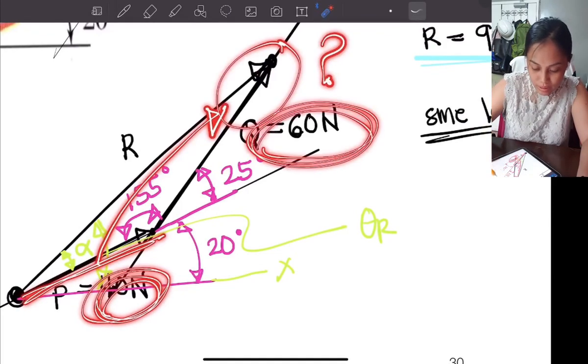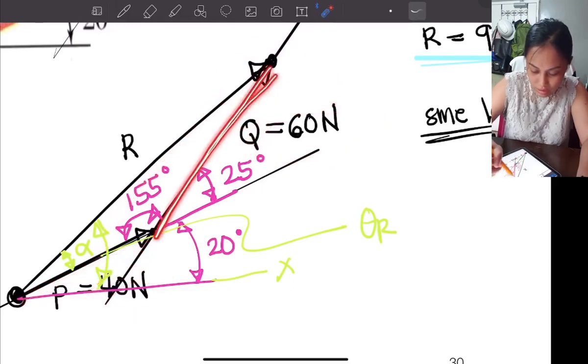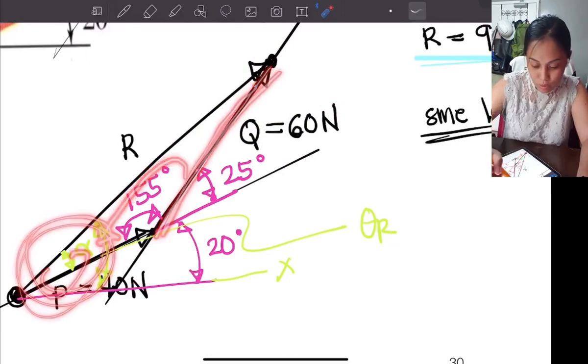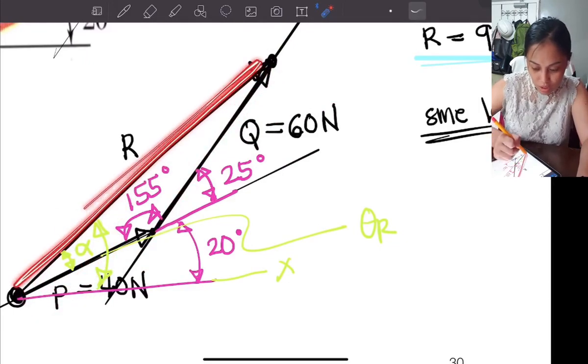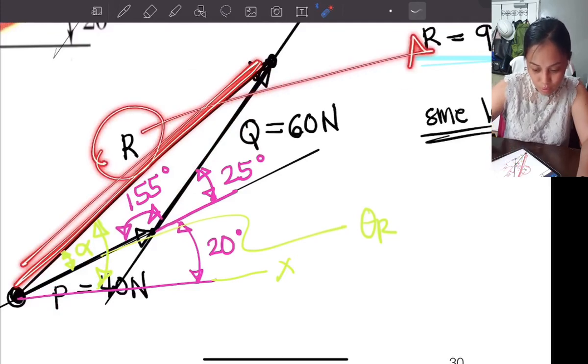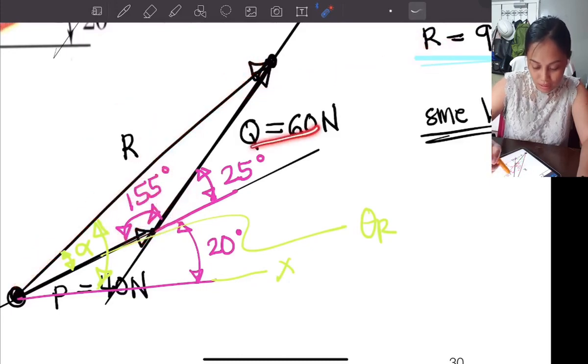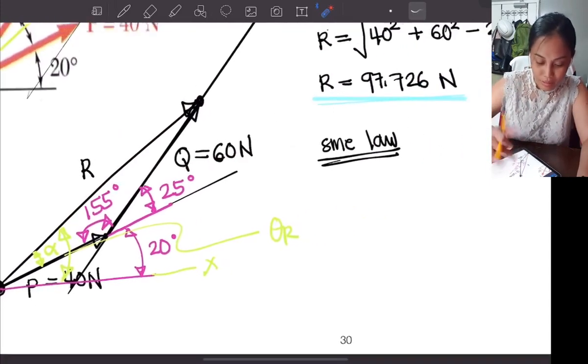Q is 60, over the sine of its opposite angle, alpha, which is unknown. Then we have another side, R, and we know its value and the value of its opposite angle. So we can equate these to solve for alpha.